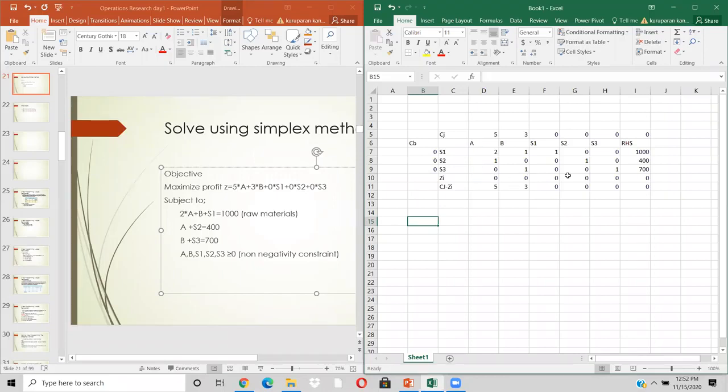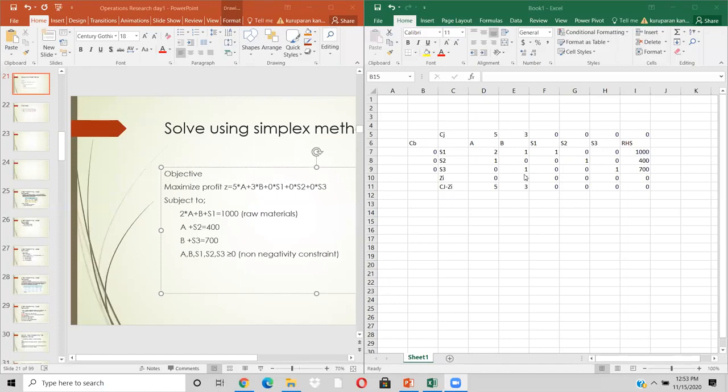Then by getting these Zj's, you can directly get Cj minus Zj. How? By subtracting: this is Cj 5 minus this one 0, 5 minus 0 is 5.